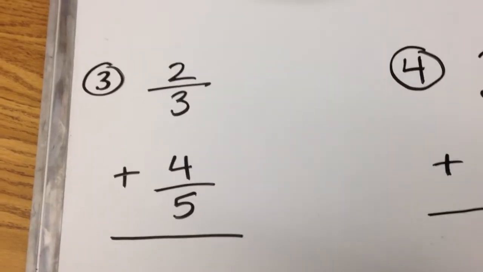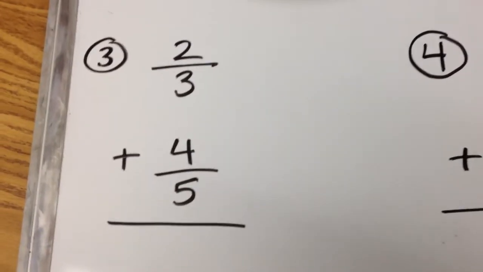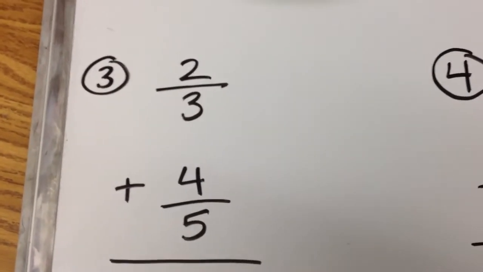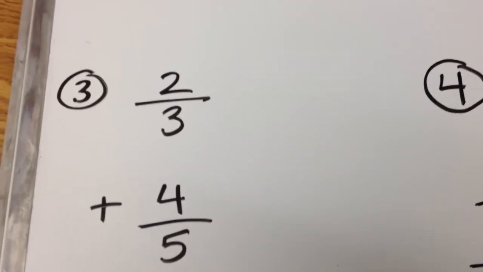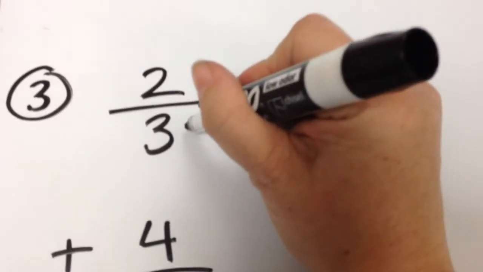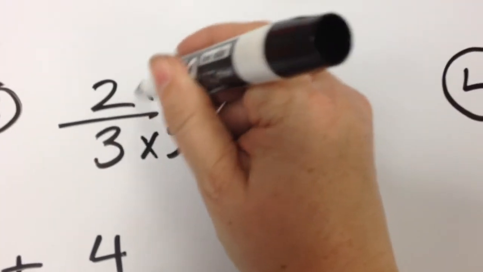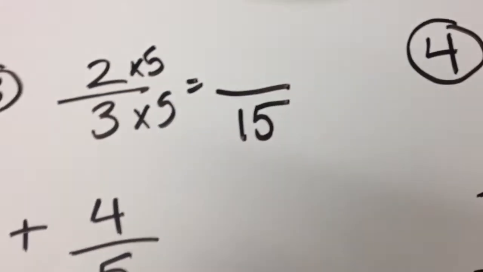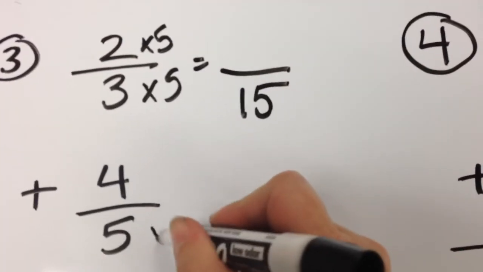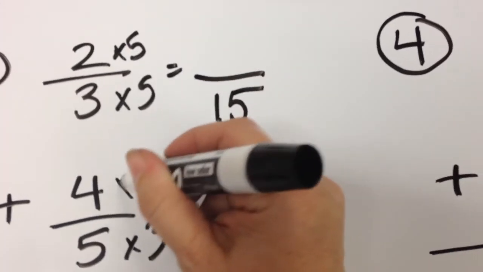I'm going to look at 3 and 5. The least common multiple, the smallest multiple that I can change both of them to, is 15. So I need to multiply this 3 by 5 and get a new fraction that has 15 as a denominator. Same thing down here, except I'm multiplying by 3 because that will give me 15.